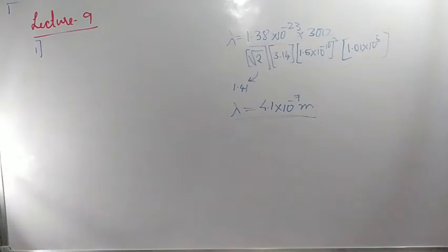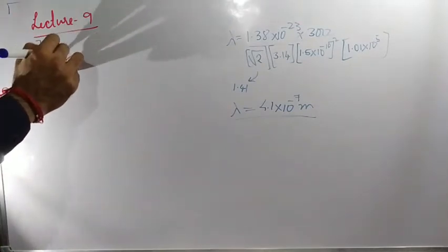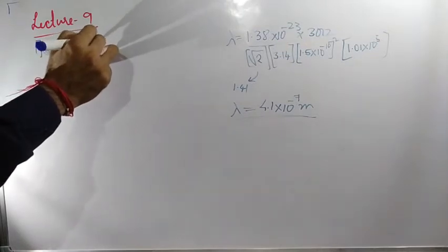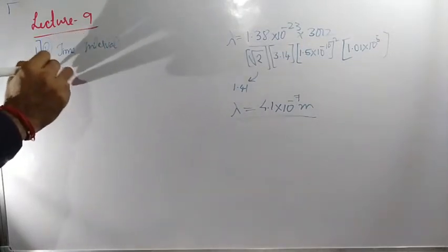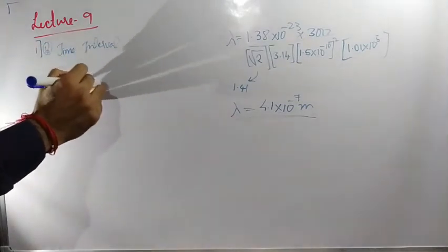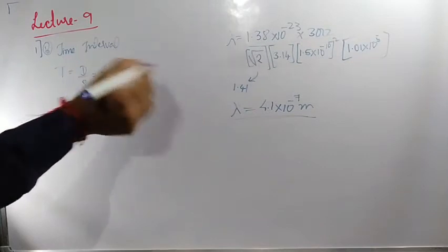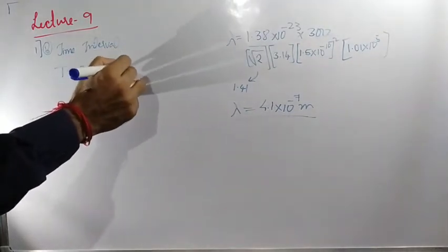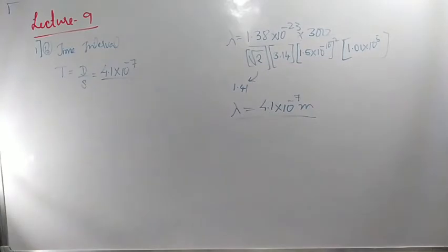Alright, listen. So in B part they are asking about a time interval. So t is equal to what I can write? T is nothing but distance divided by speed. Distance value is mean free path only, 4.1 into 10 to the power of minus 7, whole divided by speed value. Speed value in our question only they had given.